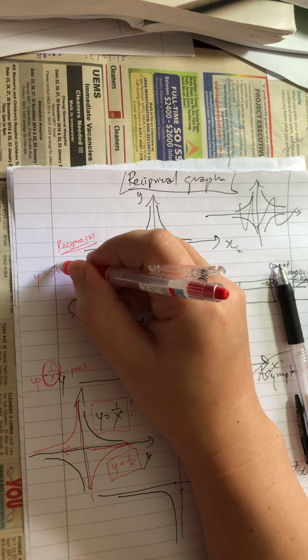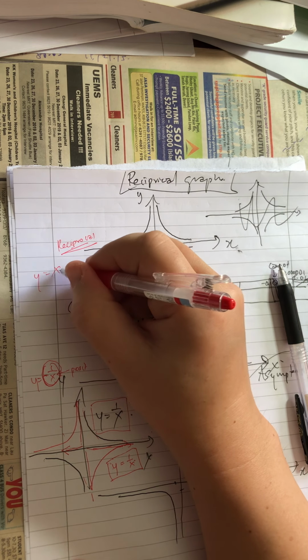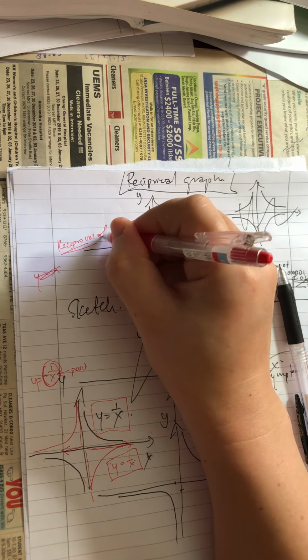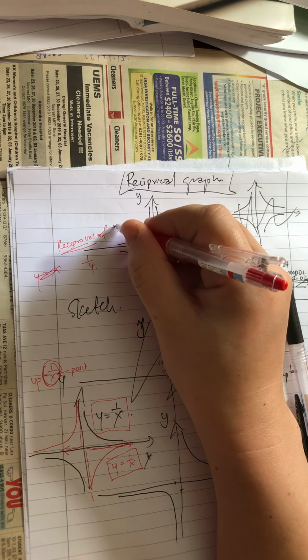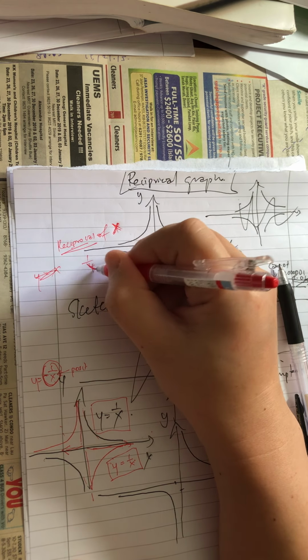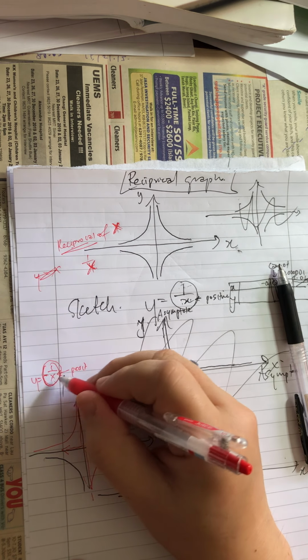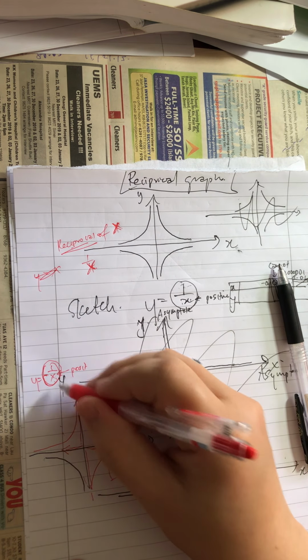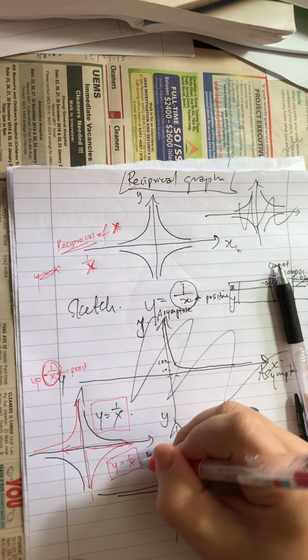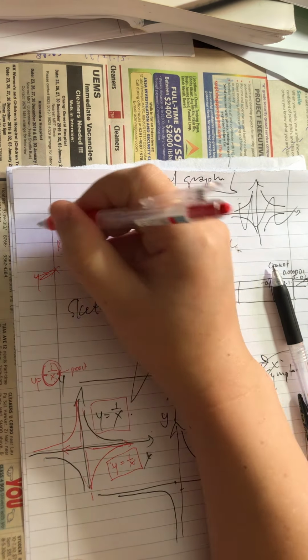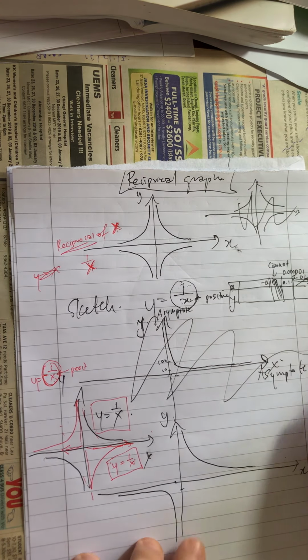Okay, so that is what they mean. So reciprocal of 4 is 1 over 4. Reciprocal of x is 1 over x. So all these are called reciprocal graphs because you see they flip the x to the denominator. Okay, yeah. So that is for this first part here.